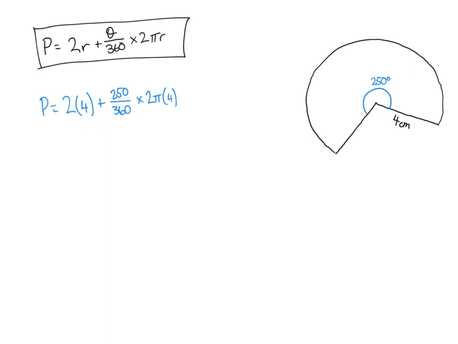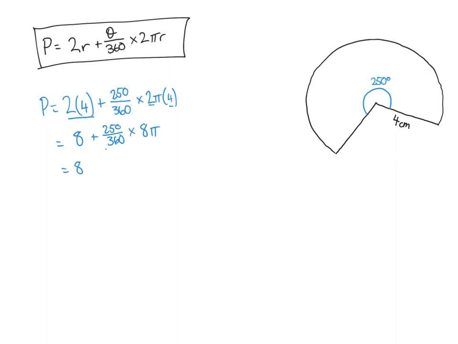Now, there's some simplifying that's really easy to do in your head, so I'll do some of that. So this part would equal 8, 250 over 360 times, well, I can combine these two bits, so it would be 8 pi. And for the rest of it, I'm going to use my calculator so that I'm super accurate.